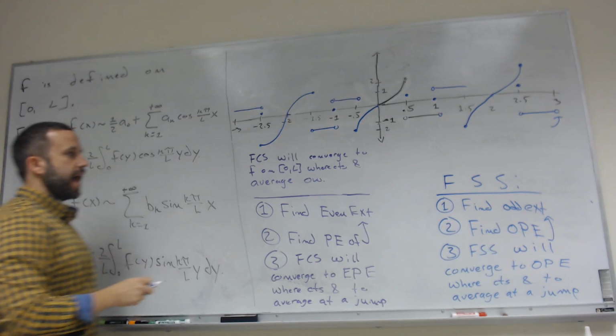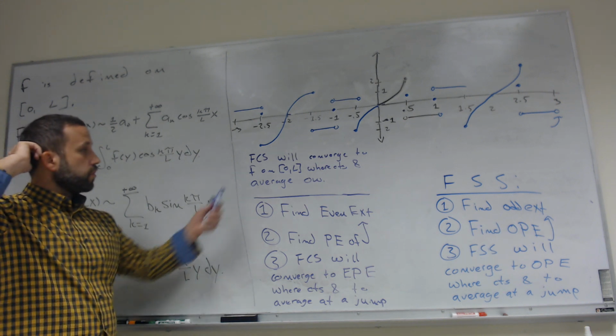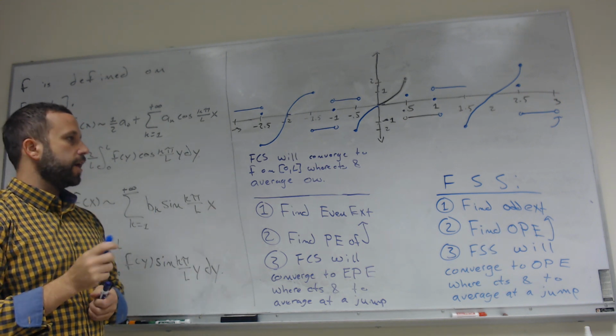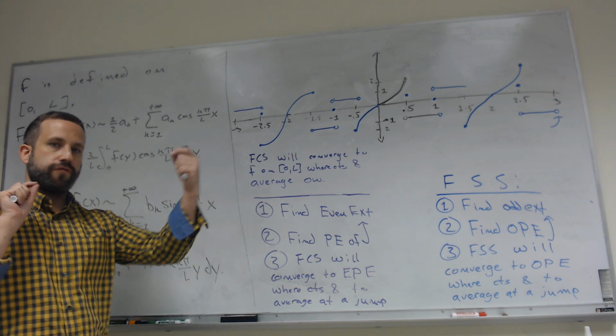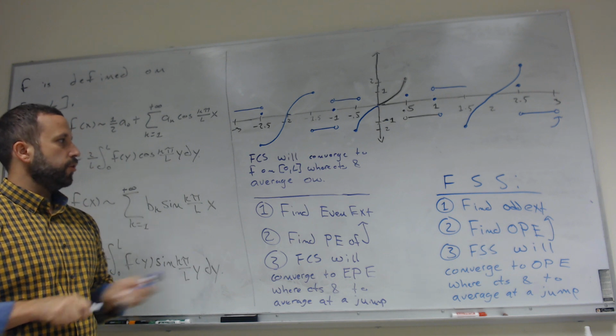The average meaning the average between the two jumps. In particular, it's going to converge at 0 and L. So the only place that a Fourier cosine series will fail to converge from 0 to L is where the function that we're interested in has a discontinuity.